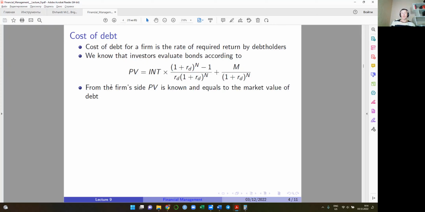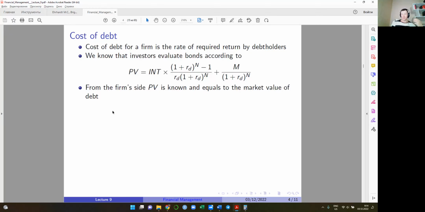From the firm's side, PV is known. The firm knows how much money it needs to borrow. So the firm knows PV, and this is going to be the market value of debt. So how much a firm can raise from the market if the firm issues bonds.